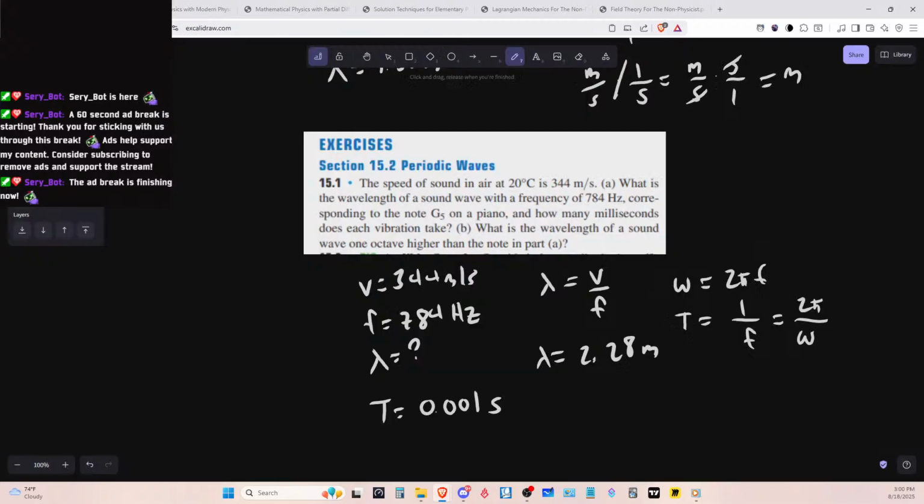Yeah, it calculates in seconds. So I think we have to actually multiply this by milliseconds. So we have 1 second here, and milliseconds, I think, is 1,000.